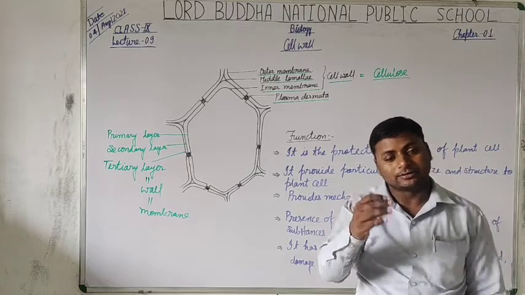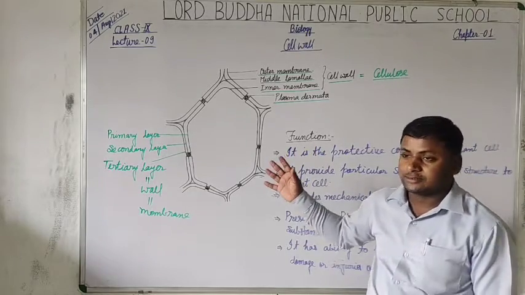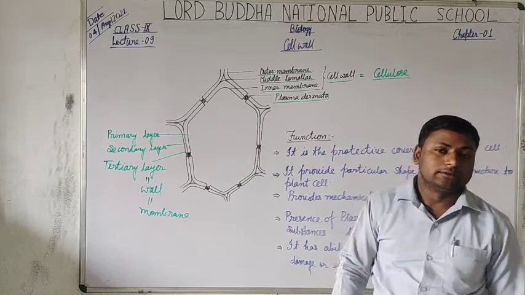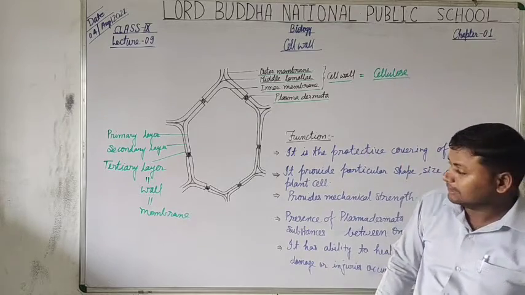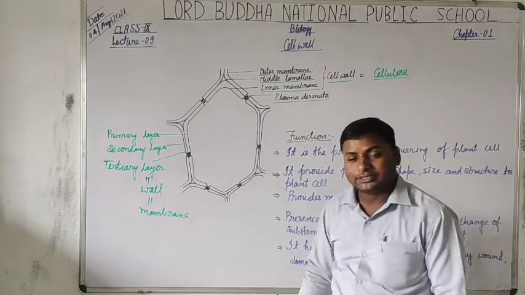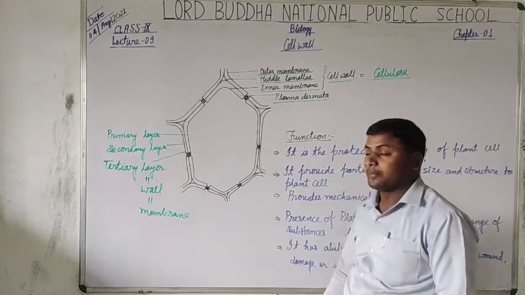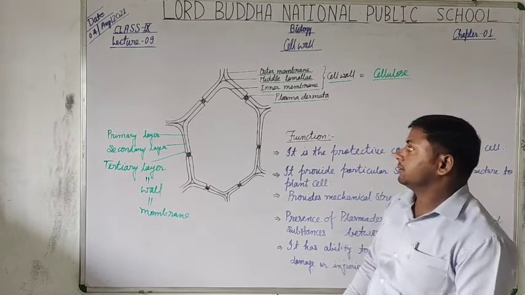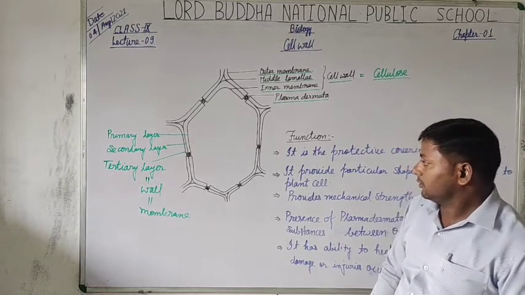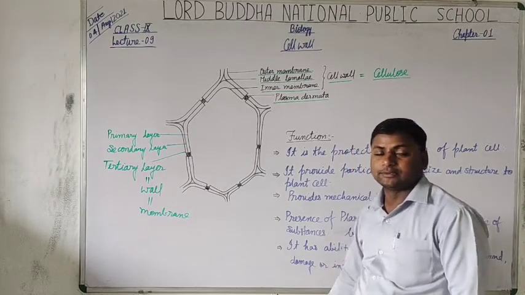This helps in absorption of water, and thus the amount of water in the cell is always present in adequate amount. This is also a function of the middle lamella and the innermost membrane. Thus, students, this is the structure of the cell wall.